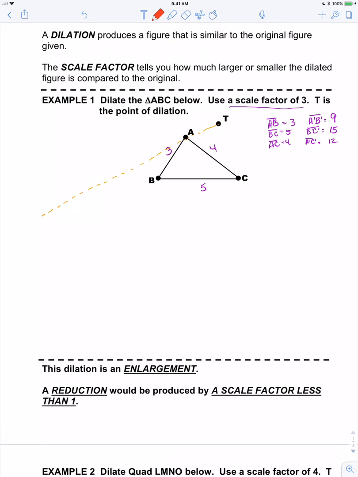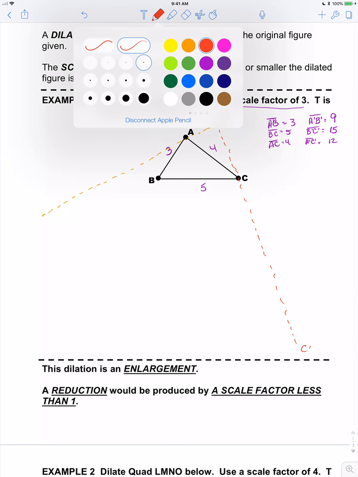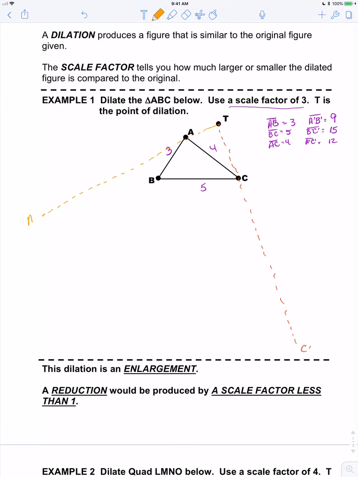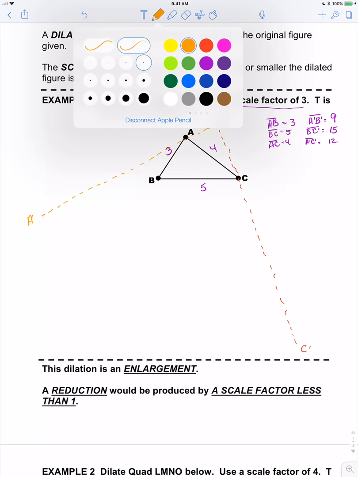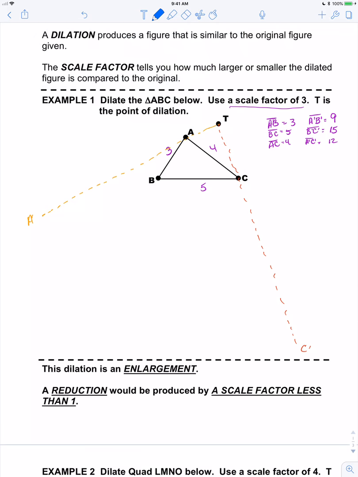Then TC has got to go through T and C, and let's label that as our new C prime. This one was our new A prime somewhere. Then let's go blue and draw through T and B.